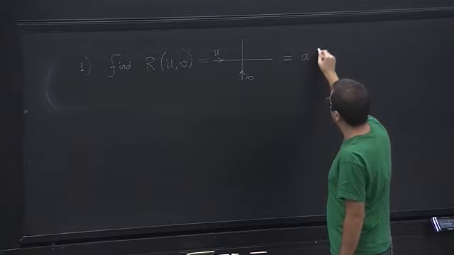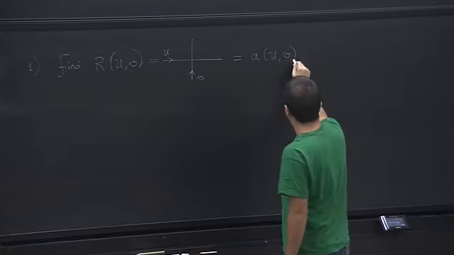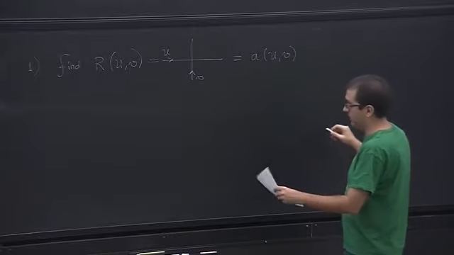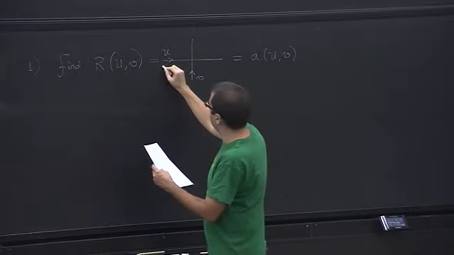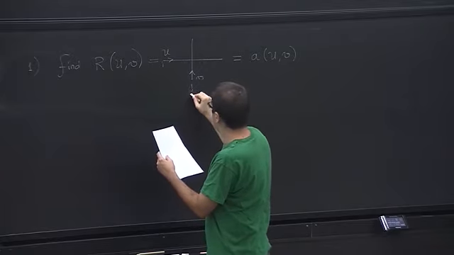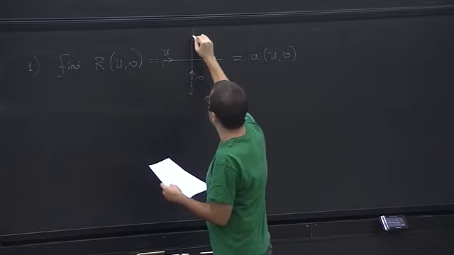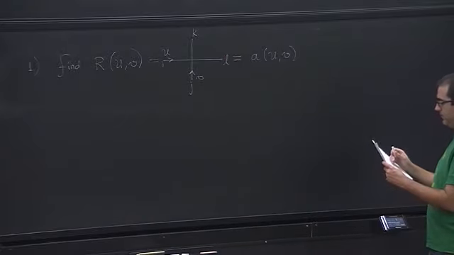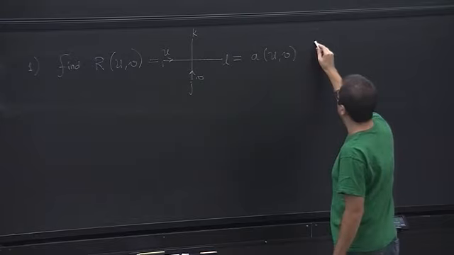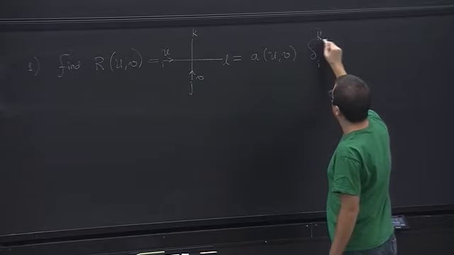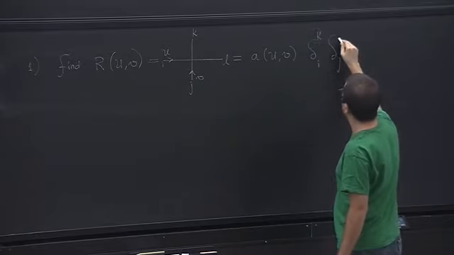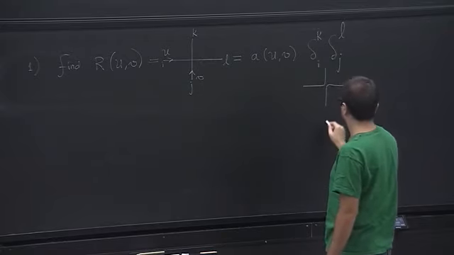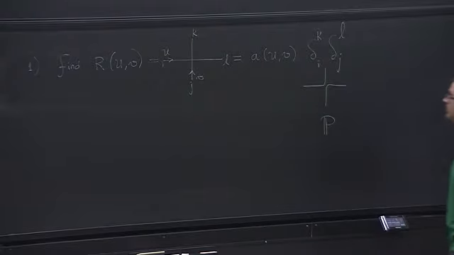Let's say it's A of U, V times delta I K delta J L, which would mean permutation.